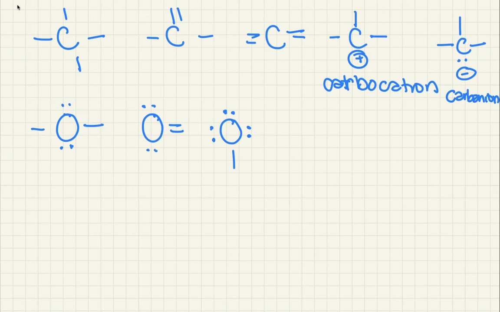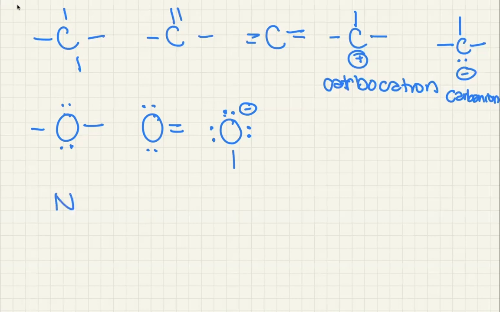Well, in this case, it has 1, 2, 3, 4, 5, 6, 7 electrons that it kind of owns, and so it's going to have a negative charge. So those are going to be common ways in which you'll see oxygen: in this negative charge form, where it has these 3 lone pairs, or in a neutral form in which it has a double bond or 2 single bonds.